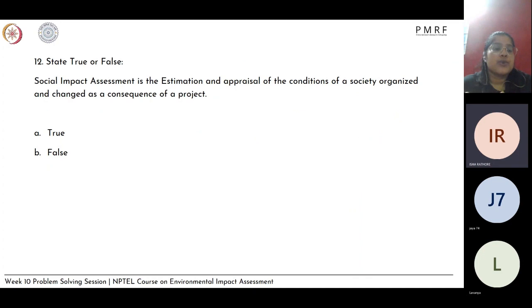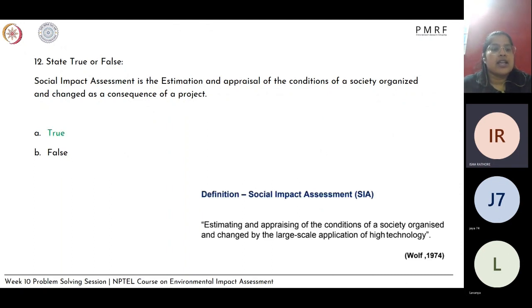So moving on to question 12, state true or false. Social impact assessment is the estimation and appraisal of the conditions of a society organized and changed as a consequence of a project. So this is again true, and this is based on the definition of Wolf 1974.